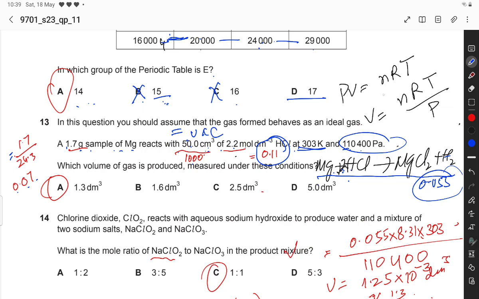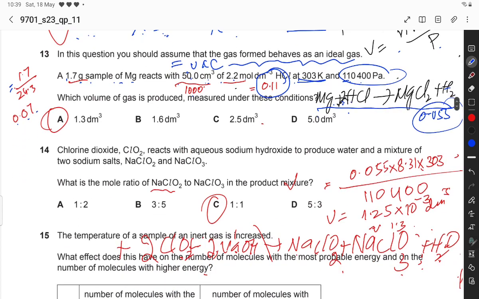Now we use this formula, PV is equal to nRT, because the gas formed behaves as an ideal gas. PV is equal to nRT, or volume is equal to nRT over P. By using these values, 0.055 into 8.31, which is the gas constant, 303 is the temperature in Kelvin, divided by the pressure.